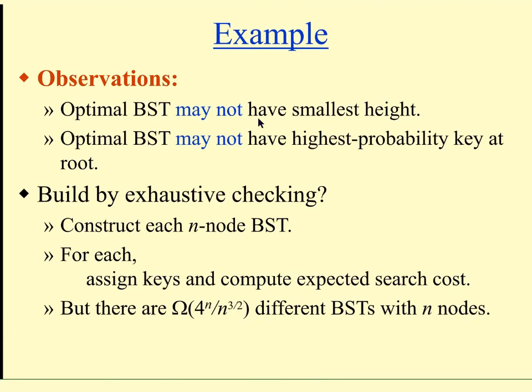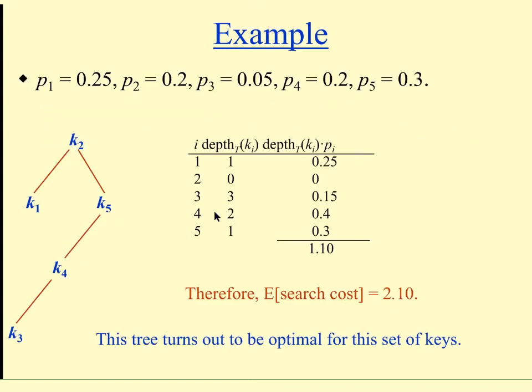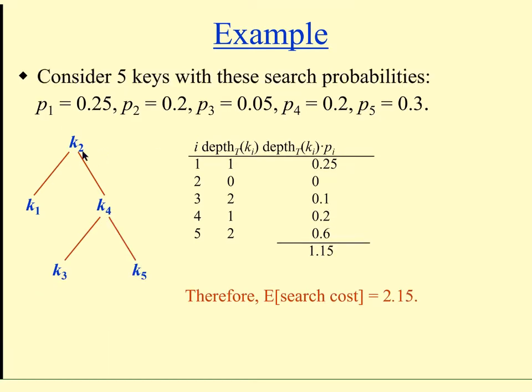And the second one is that we may not put the highest probability key as the root node. Just look at the best BST. The highest one, in fact, is P5, but we put P2 on the root. This one also puts P2, with K2.